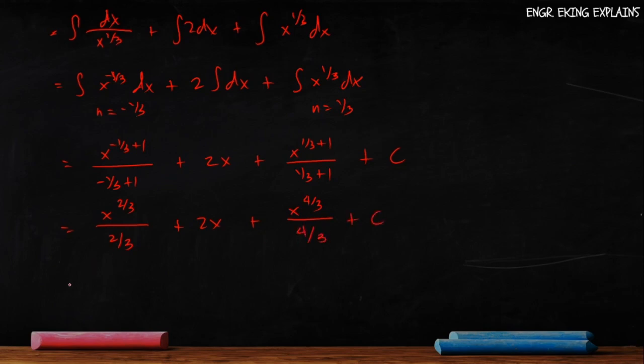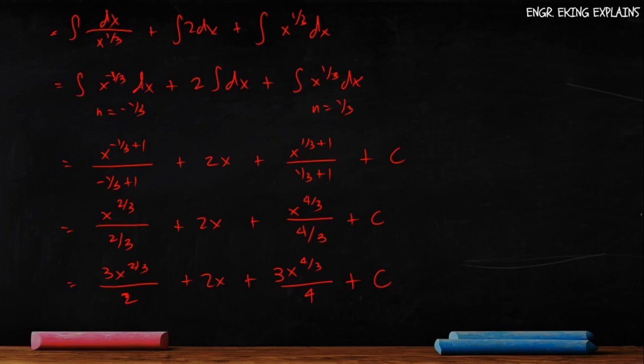So using the reciprocal rule, we will have 3x to the power of 2/3 over 2, plus 2x plus x raised to the power of 4/3, over 4, and we have 3 here, plus c. And that will be our final answer.